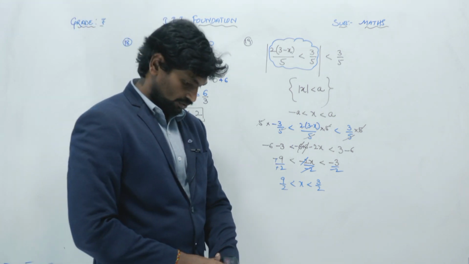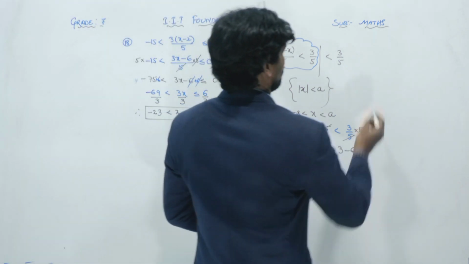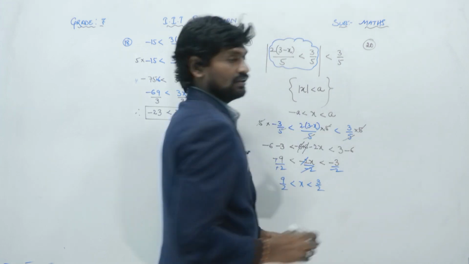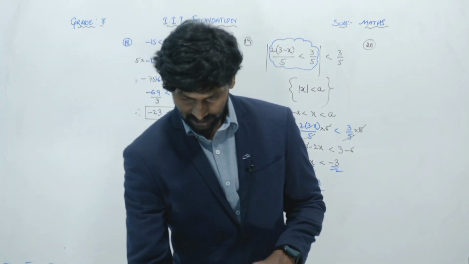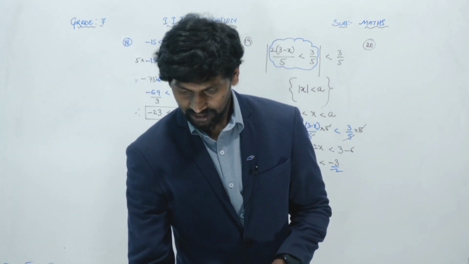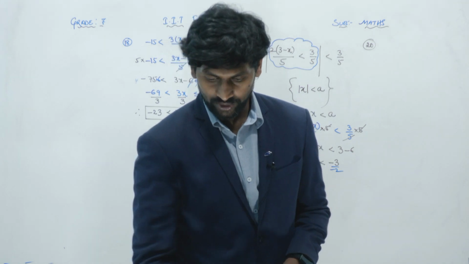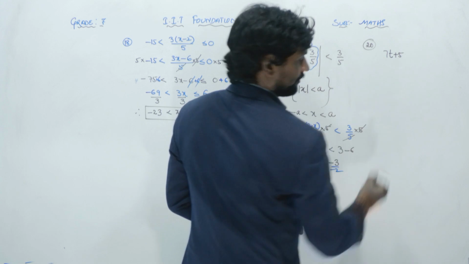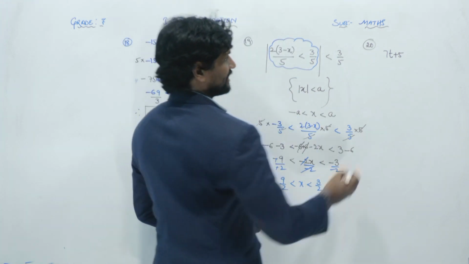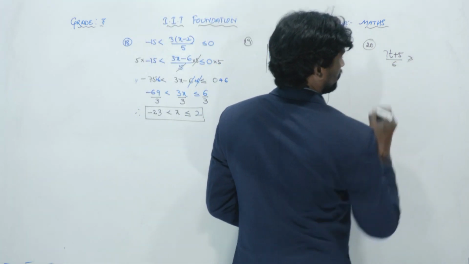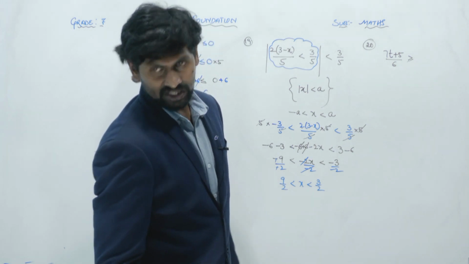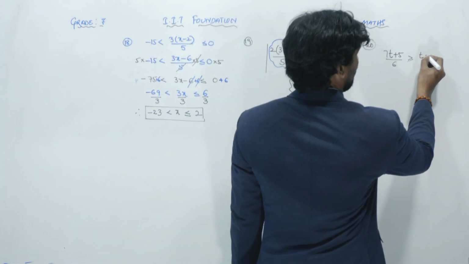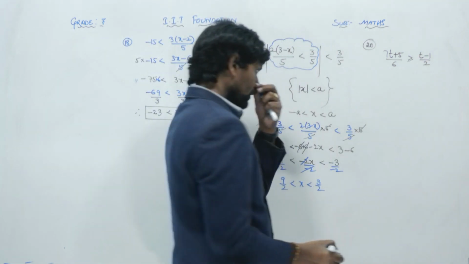Right. The 20th question is: find the value of t satisfying the equation 70 plus 5 by 6 greater than or equal to t minus 1 by 2. Okay?